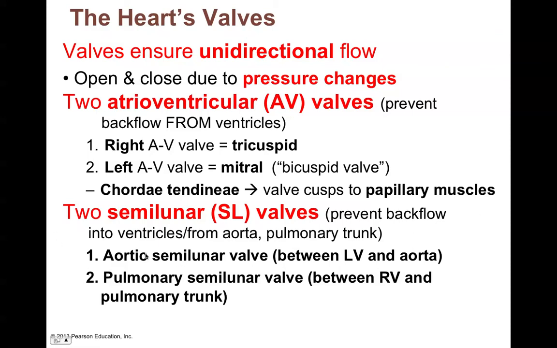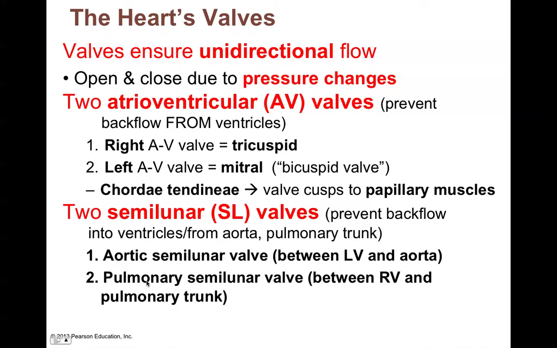So there's the aortic semilunar valve between the left ventricle and the aorta. So that name definitely makes sense. When they named these valves, they thought they looked kind of like a half moon. And I don't really see it. But anyway, the aortic semilunar valve is between the left ventricle and the aorta, and the pulmonary semilunar valve would be between the right ventricle and the pulmonary trunk.